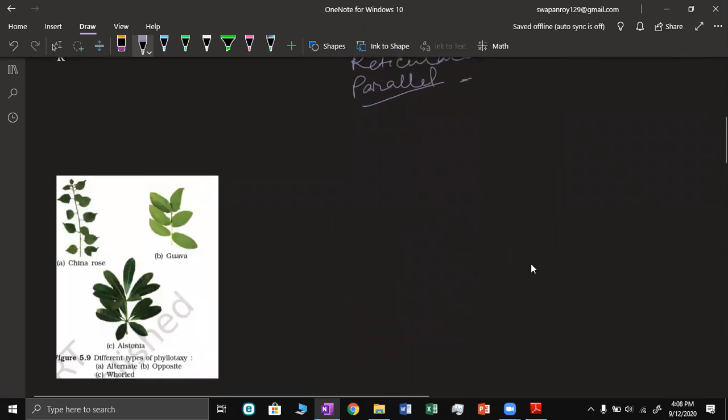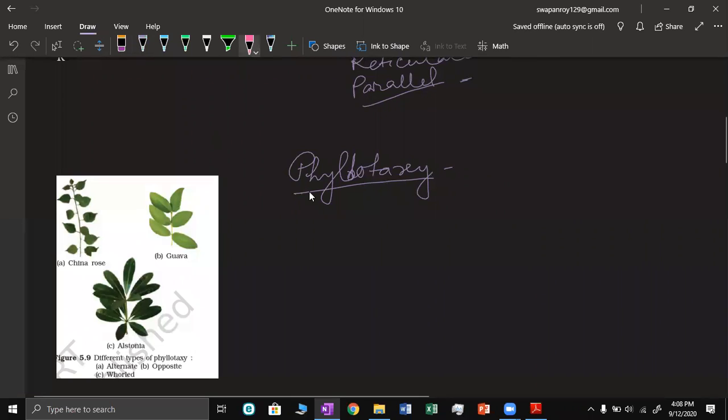And next is one called the phyllotaxy of the leaf.